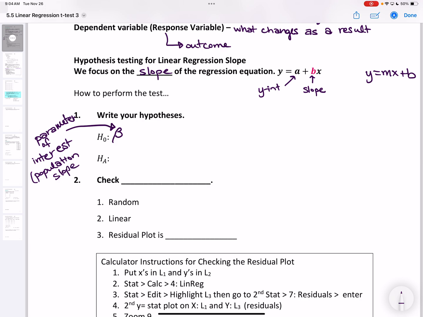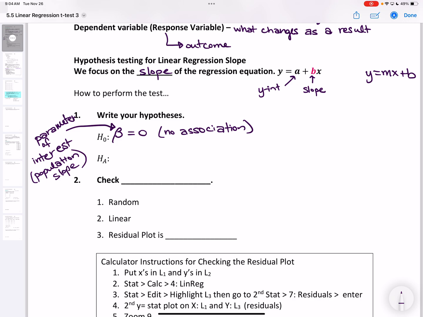So population slope. So if there's no association, which is your null, that's going to be beta equals 0, which means no association.